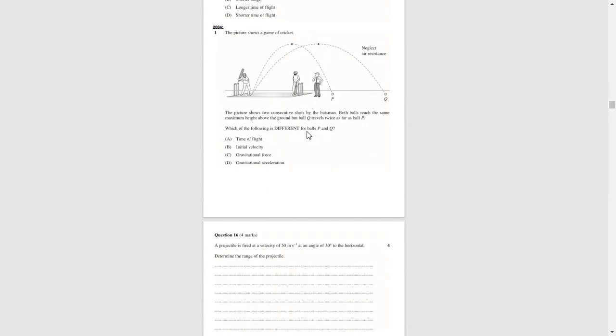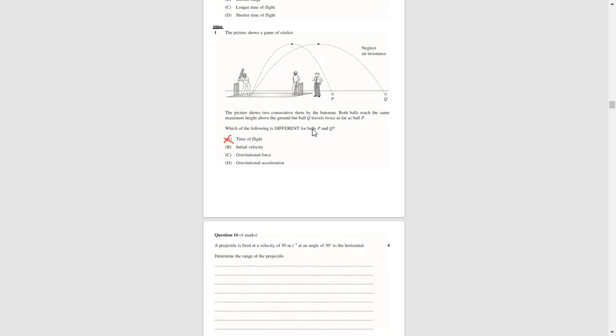Which of the following is different for balls P and Q? Now, if you weren't aware of what we said earlier, then this question could be a lot more troublesome and take you a lot more time. But we already said, if balls have the same max height, then they must have the same time of flight. Of course, that means they don't have different time of flight.